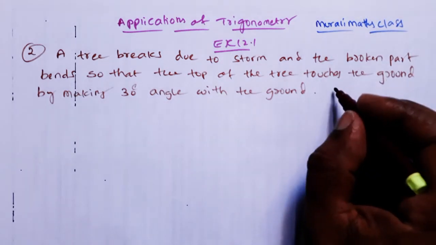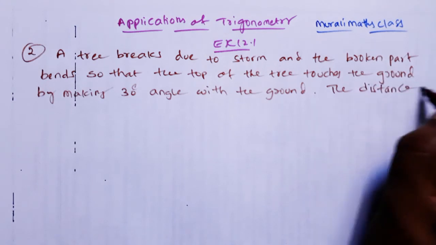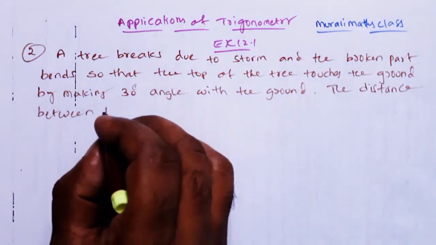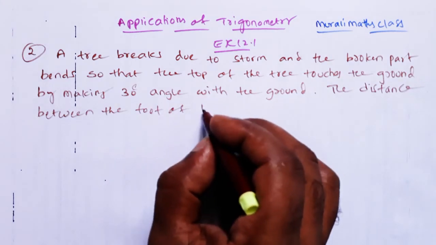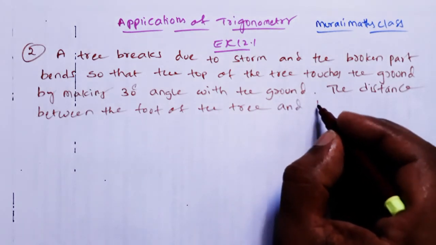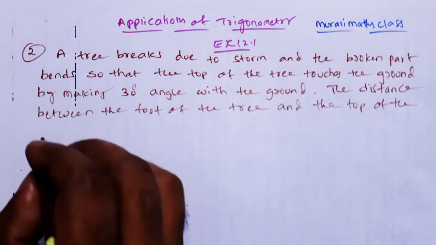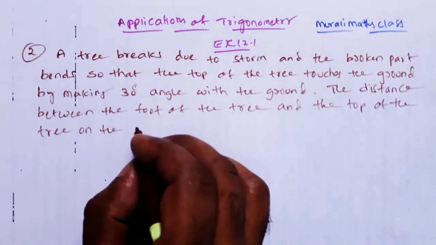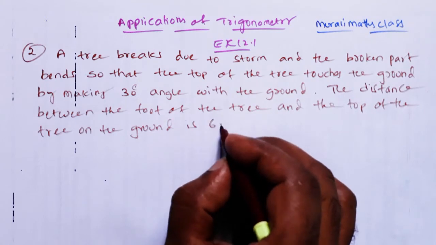Next, the distance between the foot of the tree and the top of the tree on the ground is 6 meters.